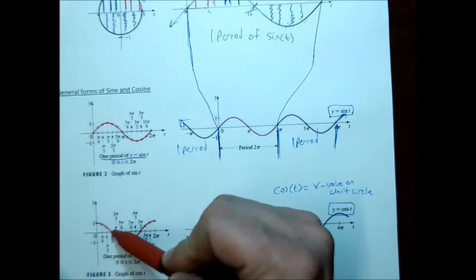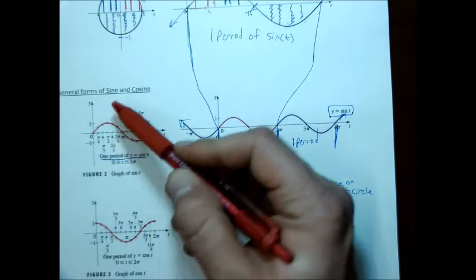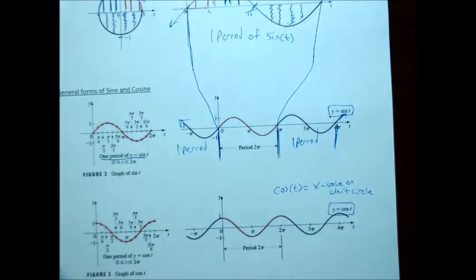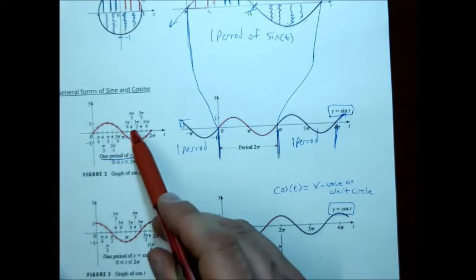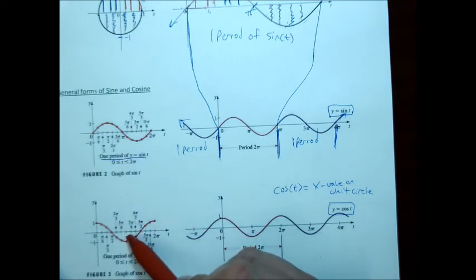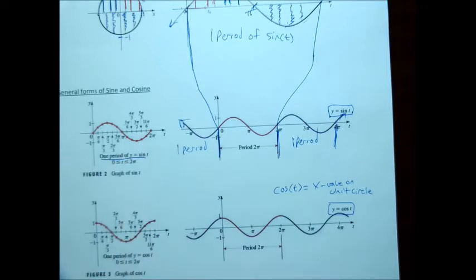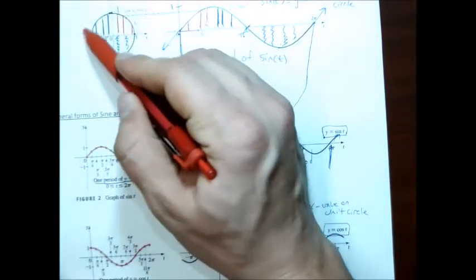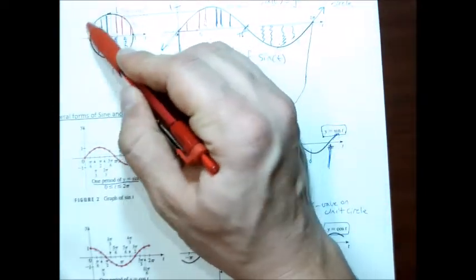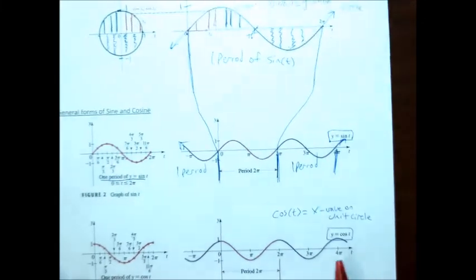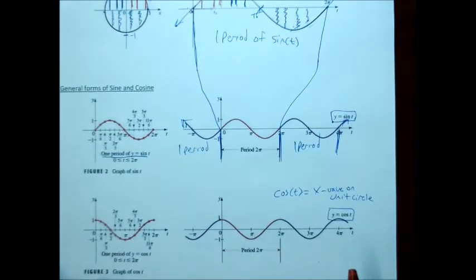When cosine is 0, sine is 1. So they're translations, or shifts, of each other. If we shifted sine over, it would look like cosine, or if we shifted cosine over, it would look like sine. Because when we go around the unit circle, the x and y values are all the same. They're just in different order. They're just shifts of each other.